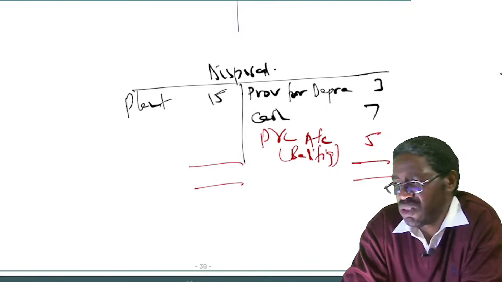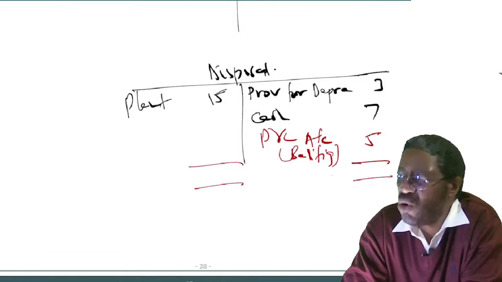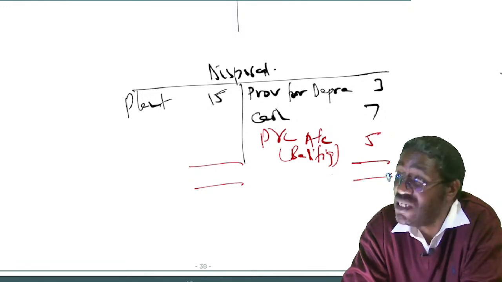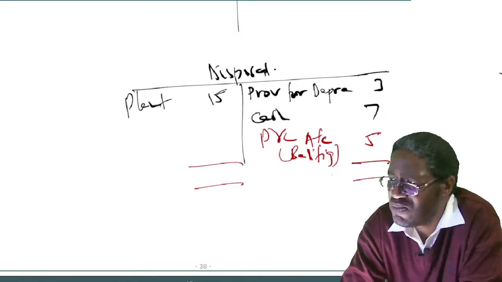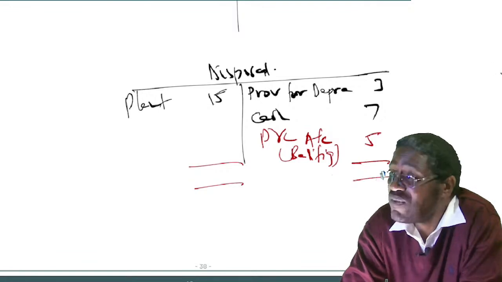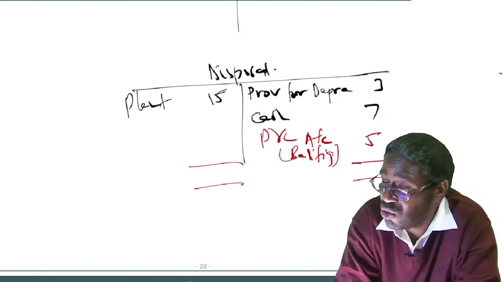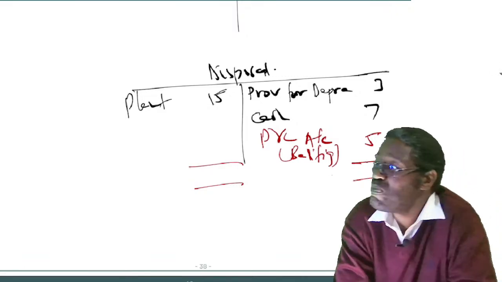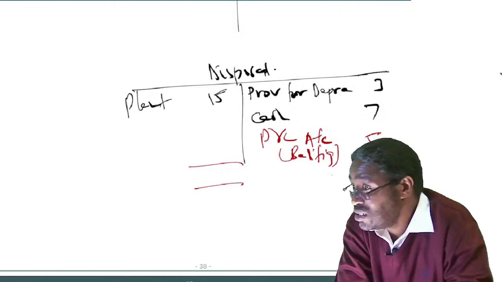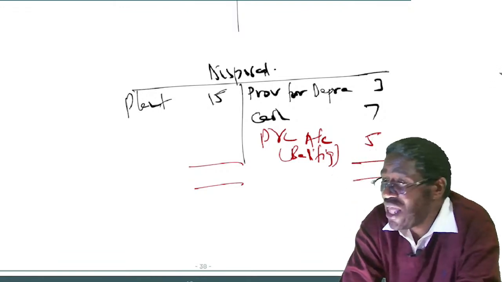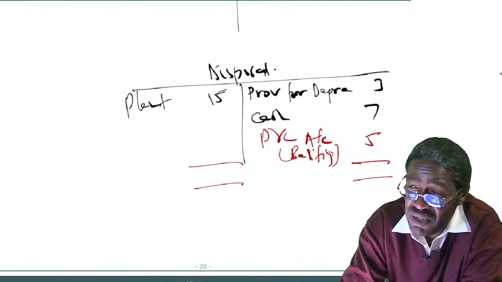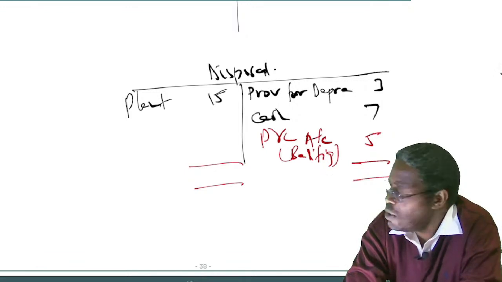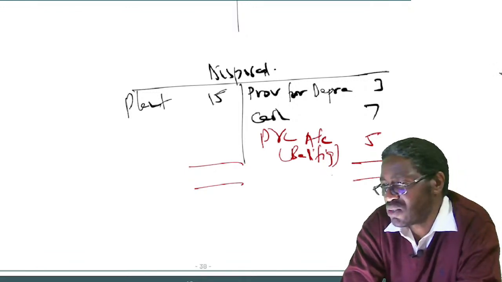Of course, any loss is always debited in the P&L. You cannot debit the P&L account with a gain. Gains are always a credit balance in the P&L. So if the difference of 5 was on the debit of this disposal, then I would have debited disposal and credited P&L. That would have been a gain. But this time, I am crediting disposal, it means I am debiting P&L. And any debit in the P&L must be a loss. That's one way of knowing it.